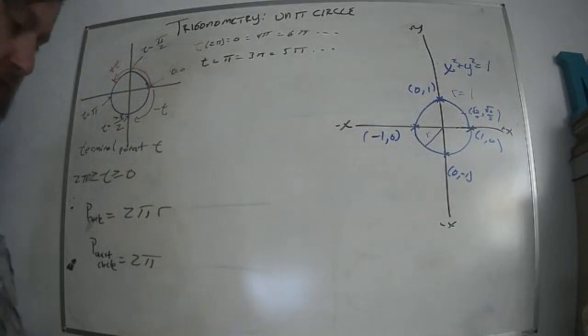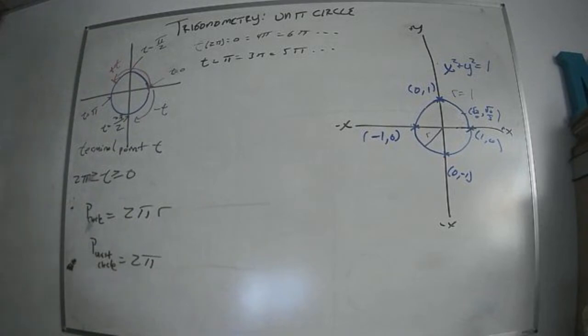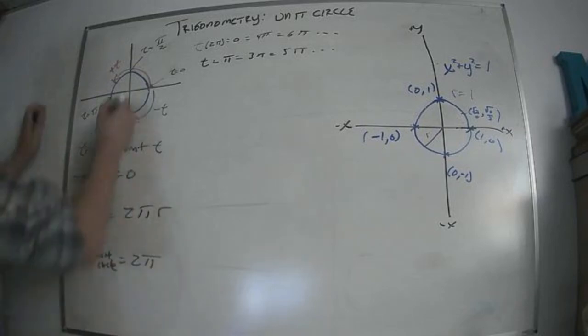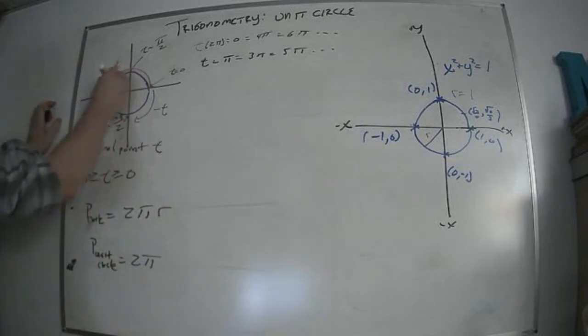Now, next in the book, it comes up to something called the reference number. I think the reference number is a complicated concept that we're going to skip because there's a much easier way to think of it that's coming up. The reference number, in general, tells you how far from the x-axis you are.